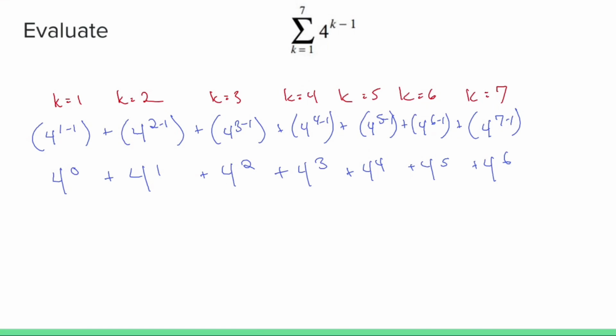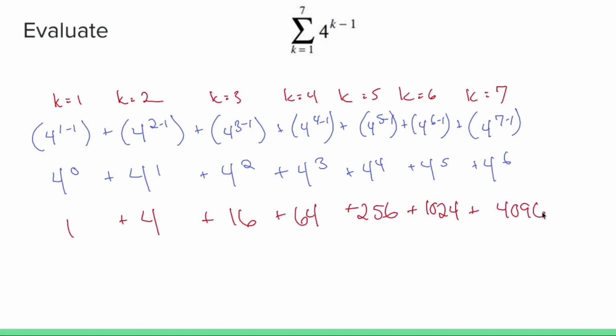Anything to the 0th power, big fat 1. 4 to the 1st is 4. 4 squared is 16. 4 to the 3rd is 64. 4 to the 4th is 256. 4 to the 5th power is 1,024. And 4 to the 6th power is 4,096.